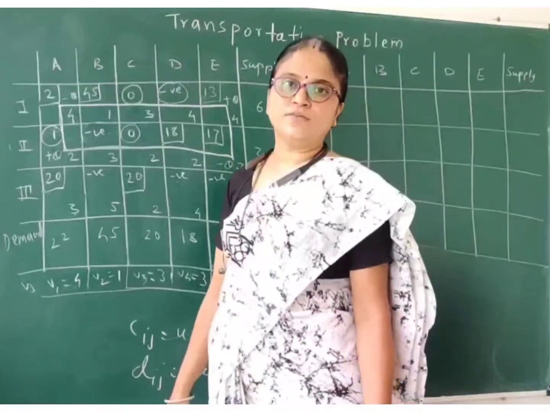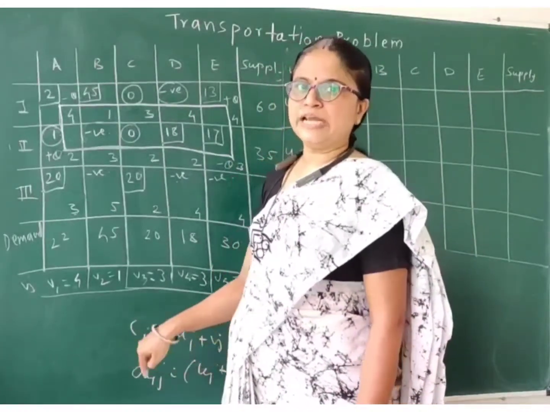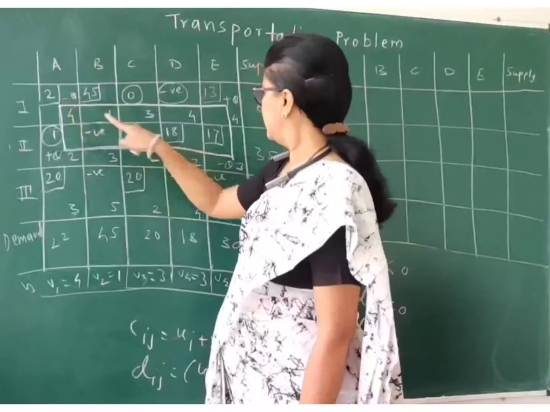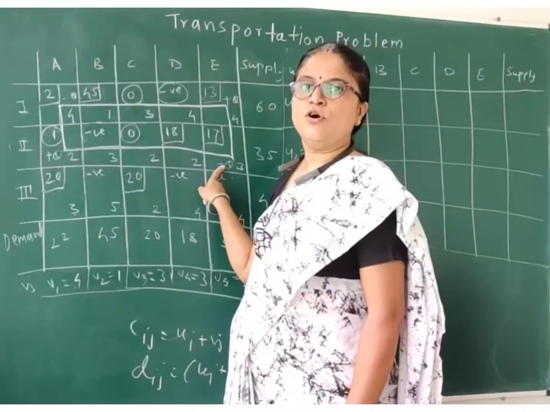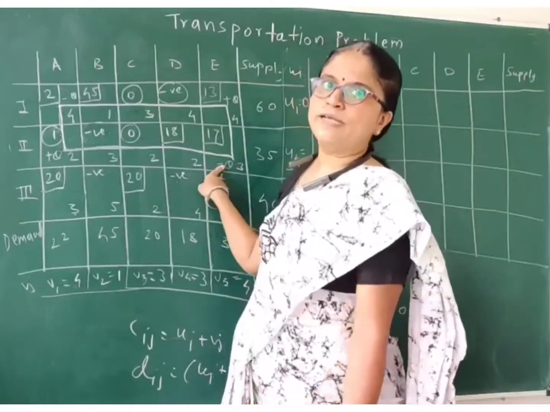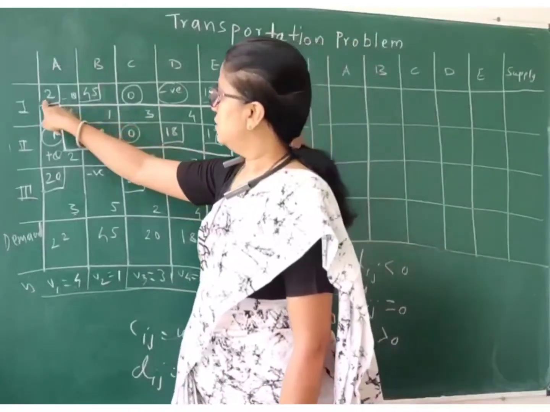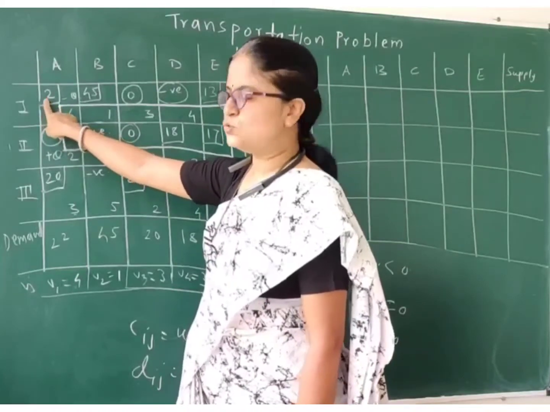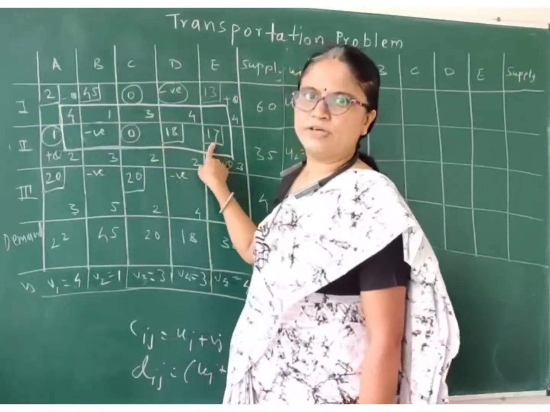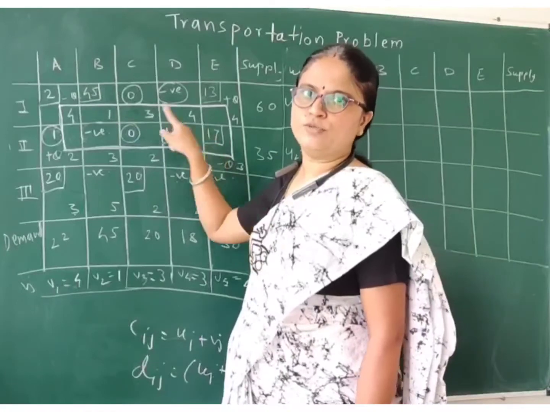Now we need to find the value of theta. So from the negative thetas, that is this minus theta and this minus theta, we can take the values of the occupied states. The value occupied by this state is 2 and this state is 17. So we take the minimum possible value of these 2.